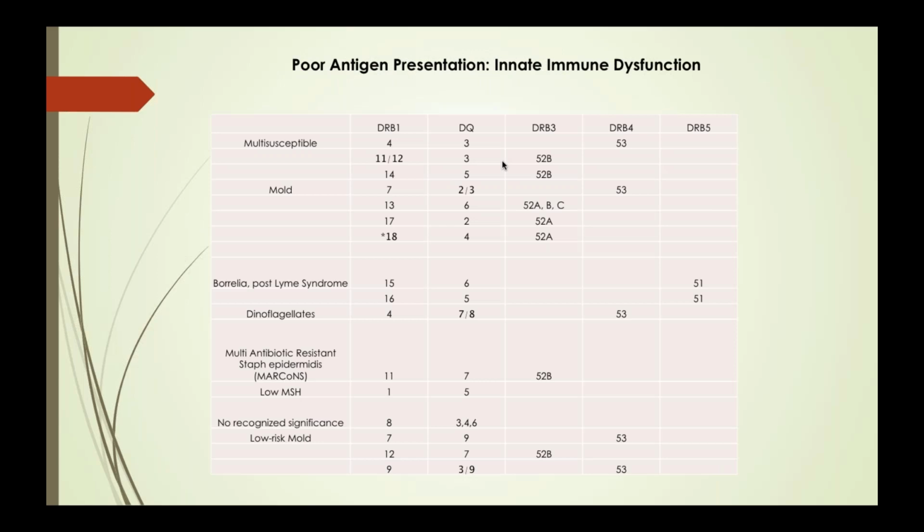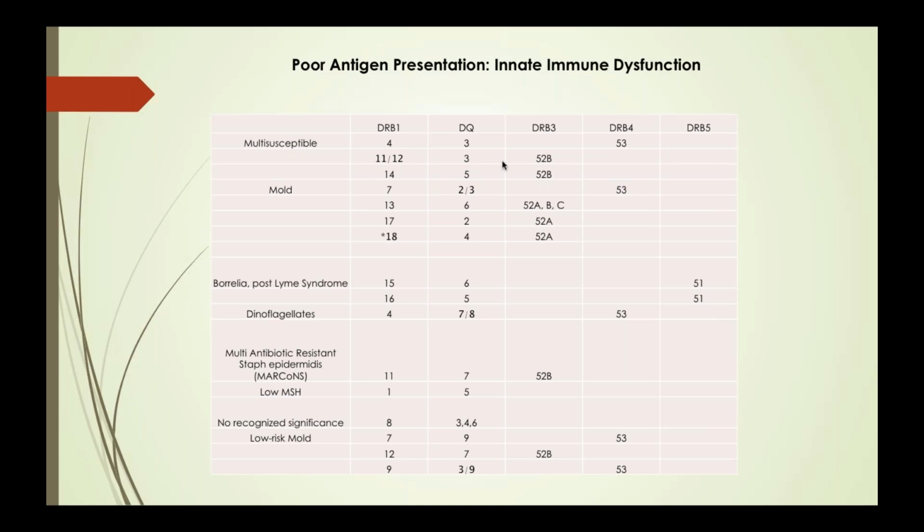Here are those notorious alleles that I keep mentioning. These are the SNPs that occur on chromosome 6. 3 of them are what we call multisusceptible, meaning any biotoxin can trigger this inflammatory response with poor antigen presentation. We think some of them are specific to the type of exposure. There are several for mold, a couple for Lyme, one for dinoflagellates, and so on.